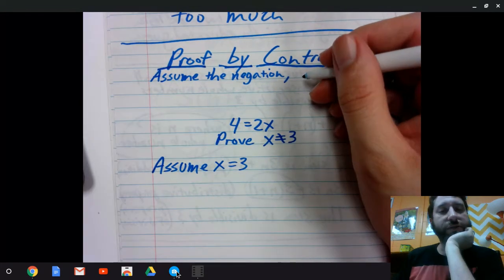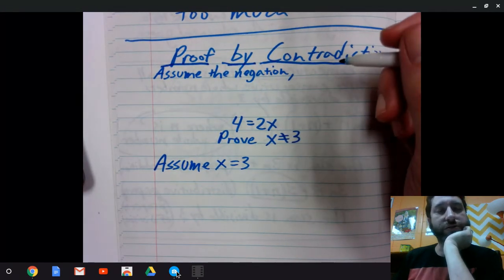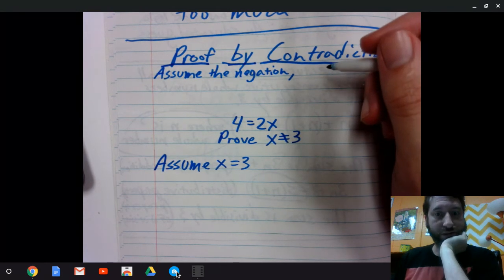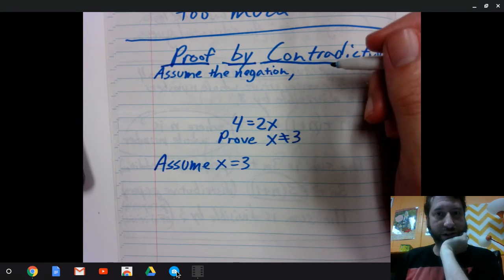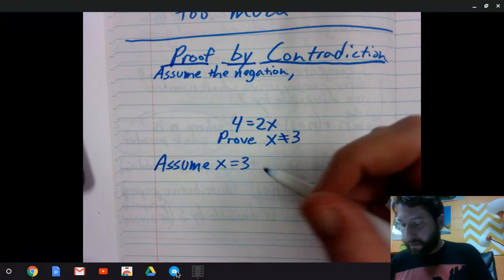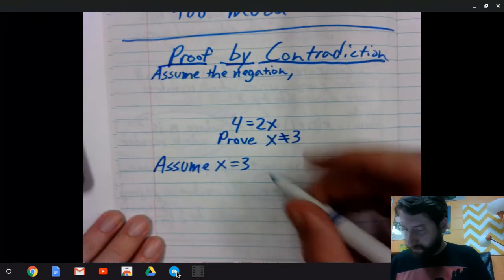And once we assume the negation, what we're trying to do is show something that doesn't make sense. All right? We're trying to reach an absurdity. And I'm going to show you what that means down here. So assume that x equals 3.